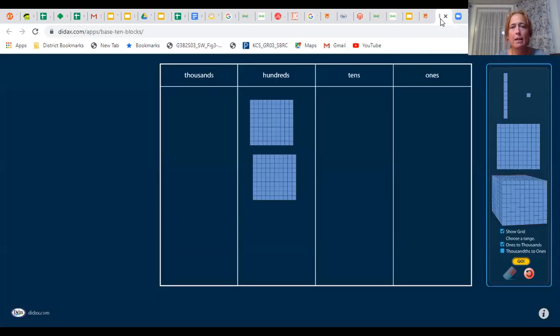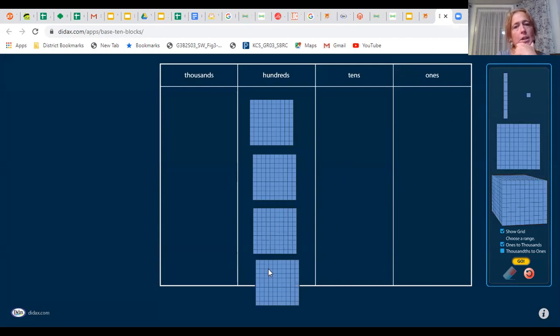So let's go back to our other screen. Okay, now there are our four sets of 100. Again, we have nothing in the tens place and nothing in the ones place, but that doesn't mean we don't have any tens, right? We have those tens within the hundreds because we bundled 10 tens here, 10 tens here, 10 tens here, and 10 tens here to make 100, okay?